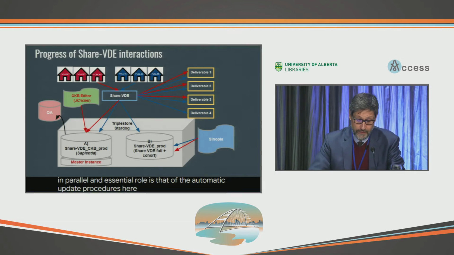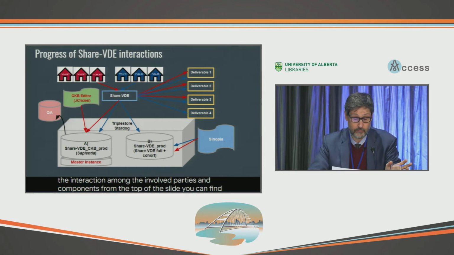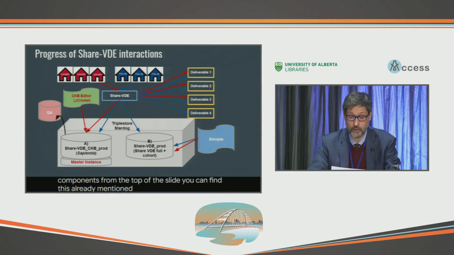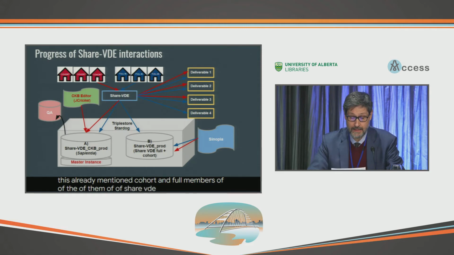Here we can see an overview of the interaction among the involved parties and components. From the top of the slide, you can find the already mentioned cohort and full members of Share VDE, and you can find who contributes to the various data sets.